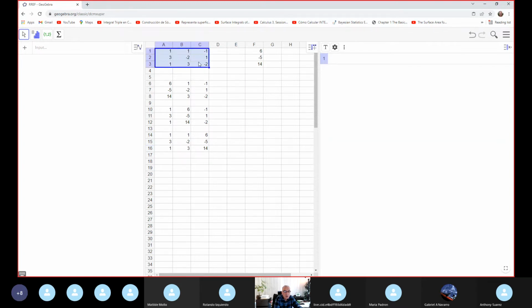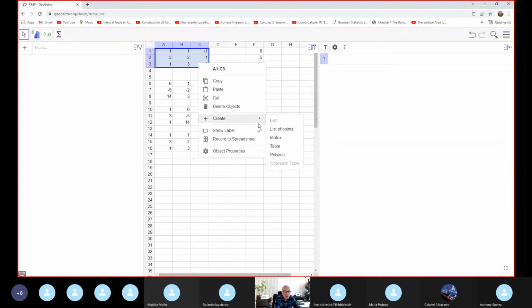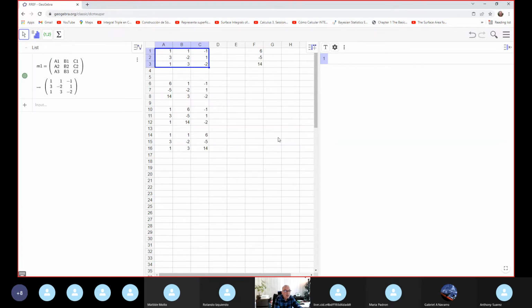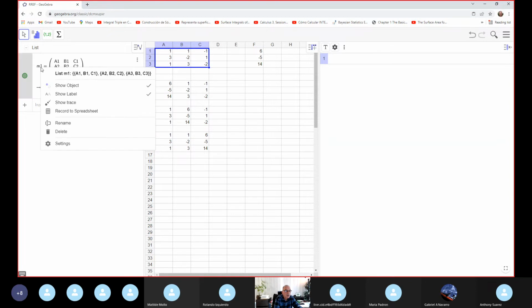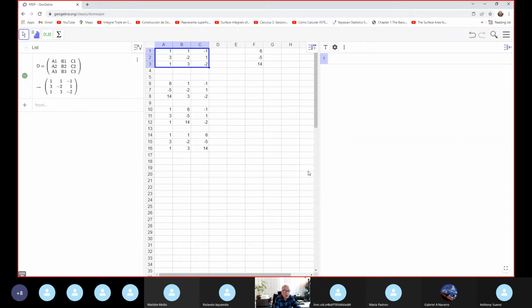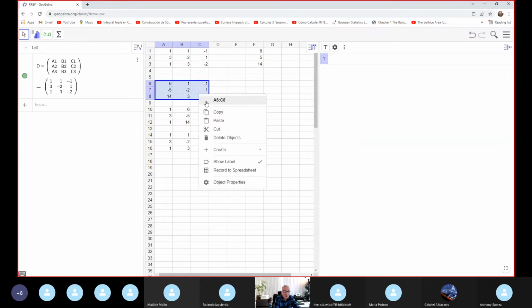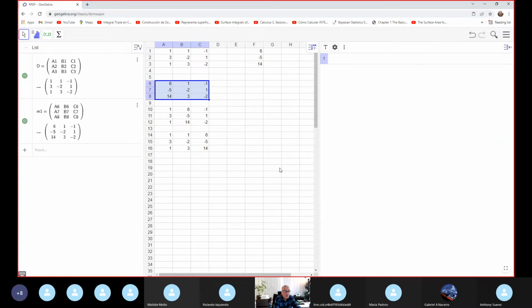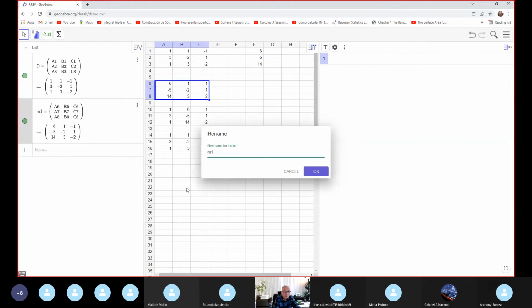You select the original determinant, capital D. Create a matrix. Yeah, I prefer in this case rename. I right click in the name, rename equal capital D. Boom. Okay. Now it's doing exactly the same. Copy that. Create a matrix. I want to call this matrix dx. I use capital in both.